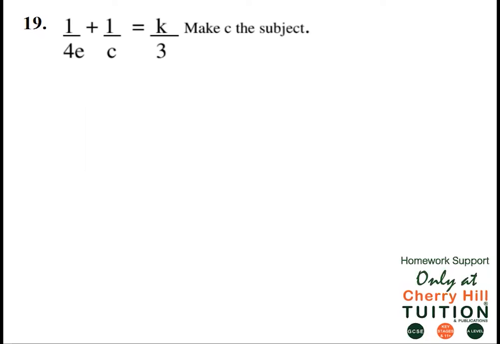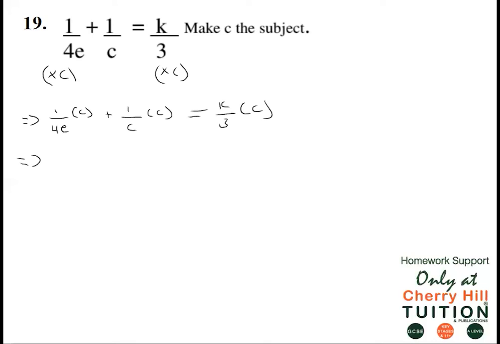And because currently c is being divided, we need to multiply by c on both sides in order to bring it to the top. So we end up with 1 over 4e multiplied by c plus 1 over c multiplied by c, and this is equal to k over 3 multiplied by c.